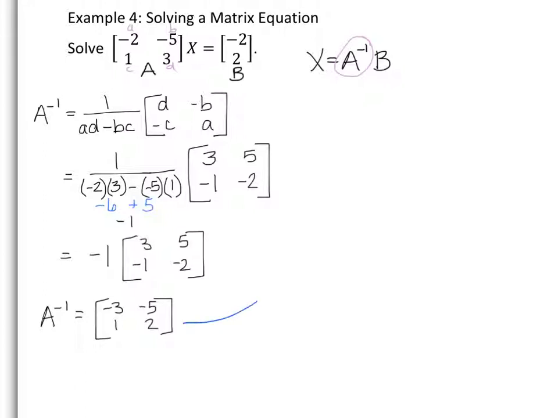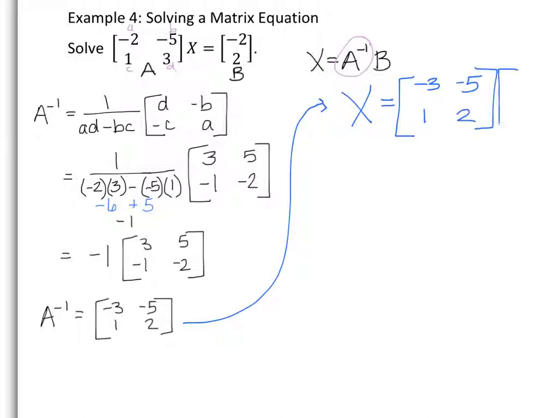Okay. So now we're going to take that inverse and use it to figure out x. So x equals A inverse times the matrix B. What is the matrix B? It's labeled up there.